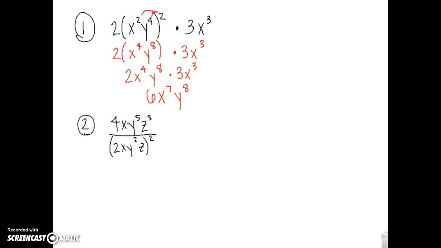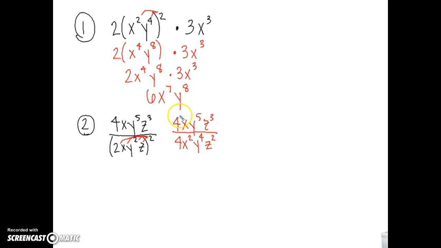Same thing, we have to start with our parentheses, so we're going to start with our denominator and distribute this square to everything, including the coefficient. Right, 2 squared is 4, x squared becomes x squared, y squared squared becomes y to the 4th, and z squared becomes z squared.